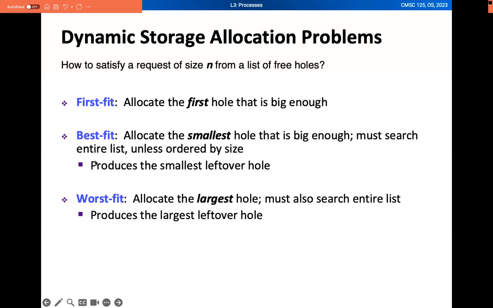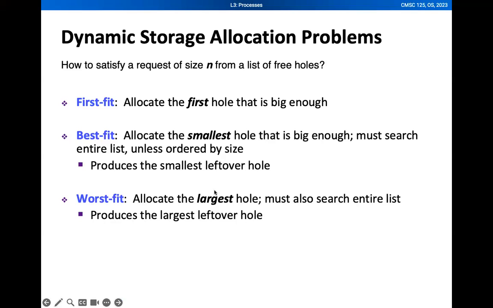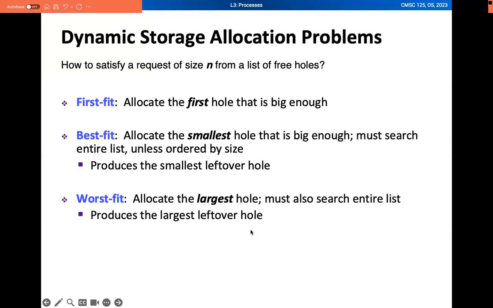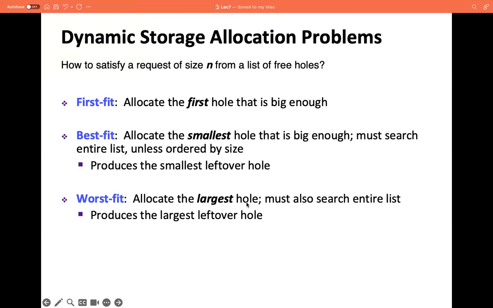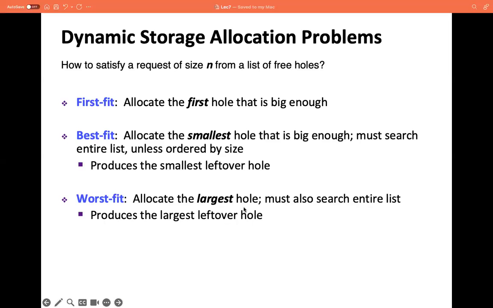And then the worst fit, on the other hand, allocates the largest hole. So in contrast to the best fit, the worst fit allocates the largest hole. And like the best fit, it must also search the entire list to look for the largest hole. So again, the worst fit selects the largest available memory block for a process.